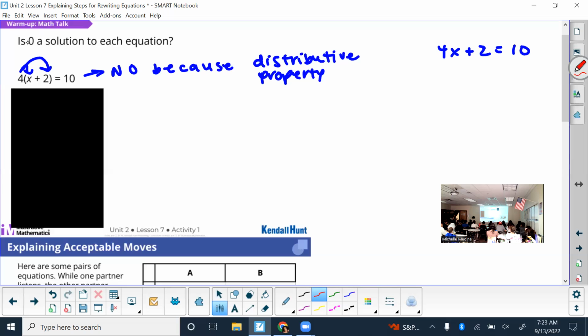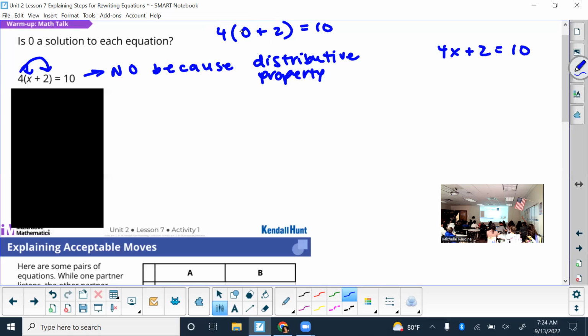Correct, so if you multiply 4 times 0, you get 0 plus 2 plus 2 plus 1. Did you say 4 plus 0? Okay, so even though you're right, it's not a solution, it shouldn't be 4 times 0, because of order of operations.